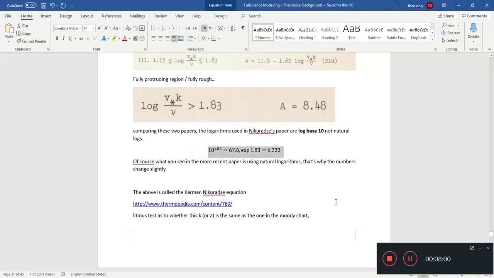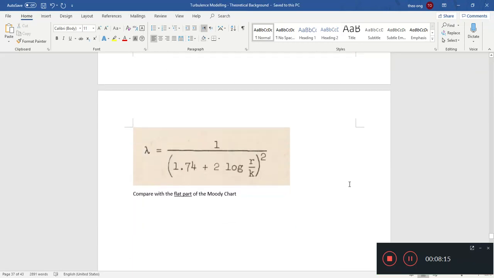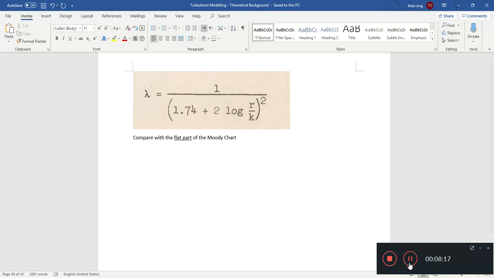And this is just to make sure that this log is actually a log of base 10. So I did an experiment there, a quick calculation, and found out it is really base 10. So the idea here is to compare this lambda to the flat part of the Moody friction chart.